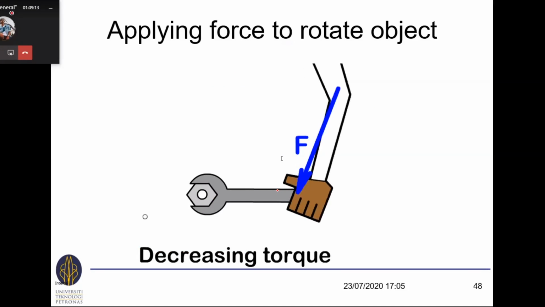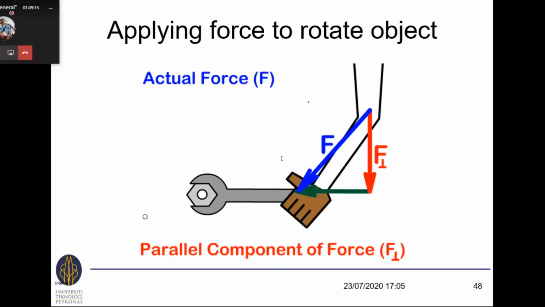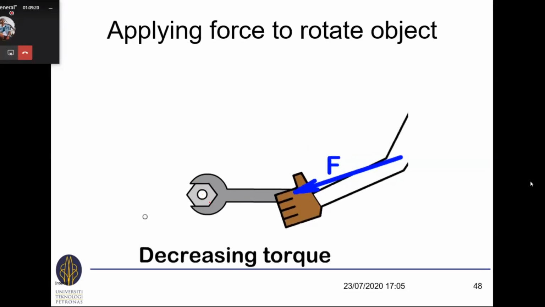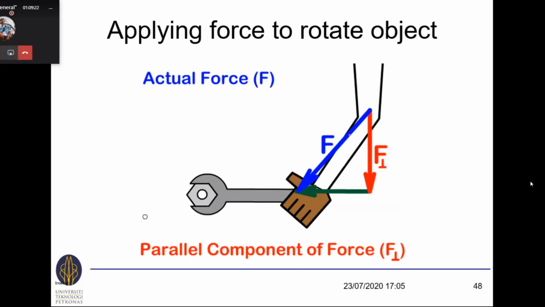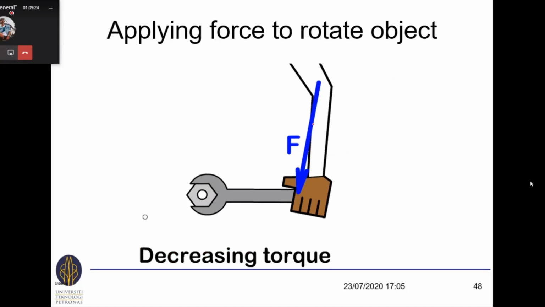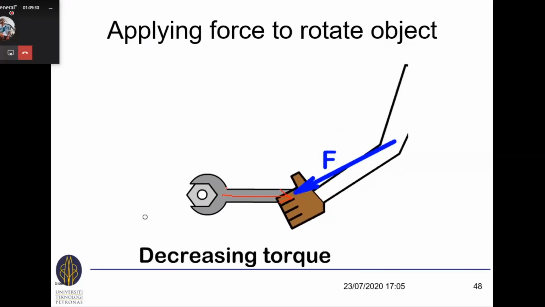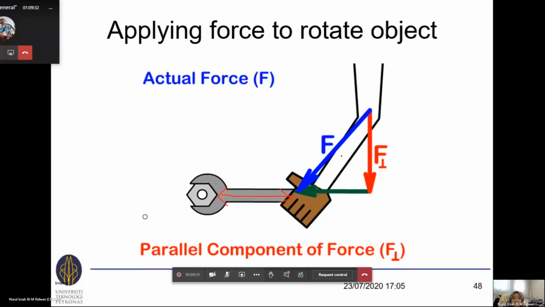The spanner here. So if you exert the force perpendicular to the axis of rotation, this shows the direction of the force. When the force is exerted perpendicular to the R here, it will give you maximum torque.